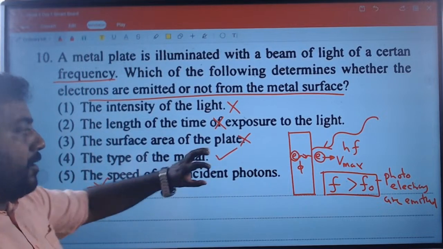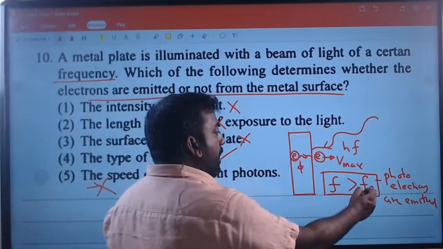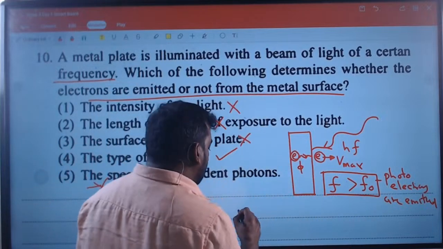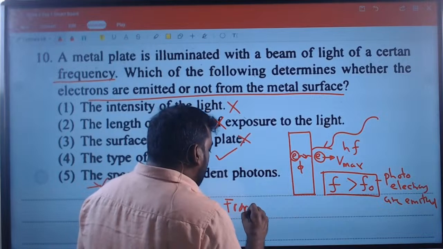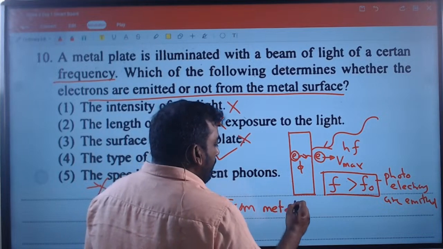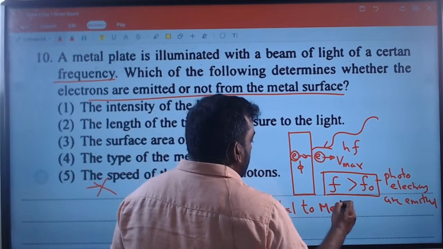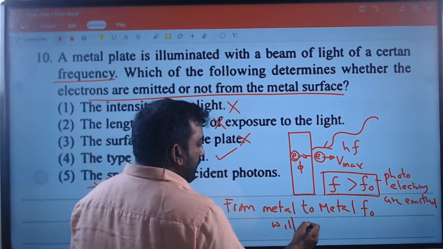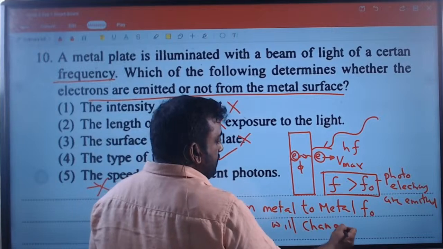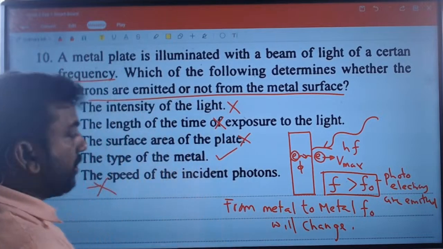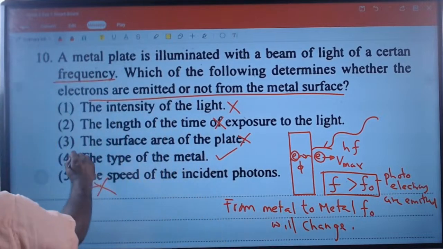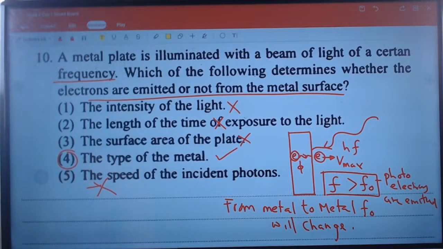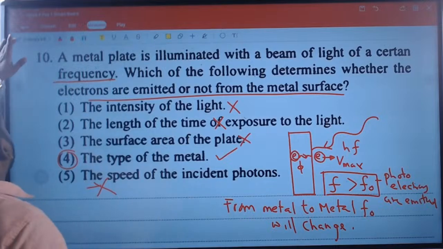Reason: from metal to metal, work function or the threshold frequency will change. From metal to metal, f naught will change. So your correct answer there, 10th one, answer number 4.